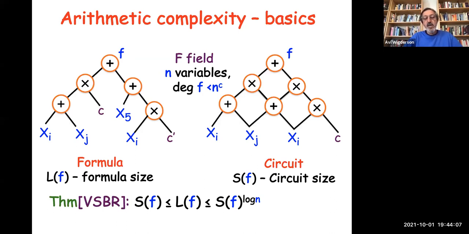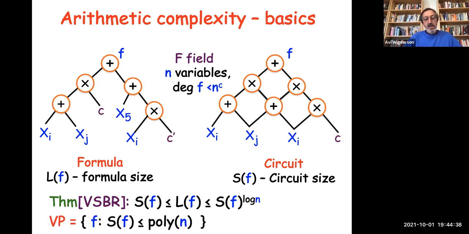They're almost polynomially related. In Boolean complexity, we expect them to be exponentially far apart. So in the arithmetic world, it's convenient because we can discuss either circuits or formulas, and it wouldn't matter. So sometimes I mention circuit, sometimes formula, but you should think of the sizes as comparable.